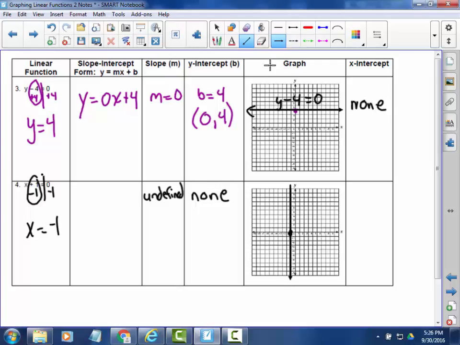Undefined slope means vertical lines. I'm not sure how else we could say it that will help us remember it, but that's kind of the deal. And so then the x-intercept is at negative 1, 0.